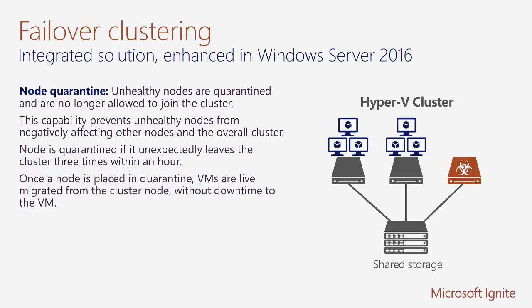Then 2, we will not put any new workload on that node. It is now in quarantine. We do not trust it. And 3, we mark it as quarantined in Failover Cluster Manager, and we wait for a human administrator to come in and either permanently eject it from the cluster or tell us that you've done the appropriate triage and it's now healthy.